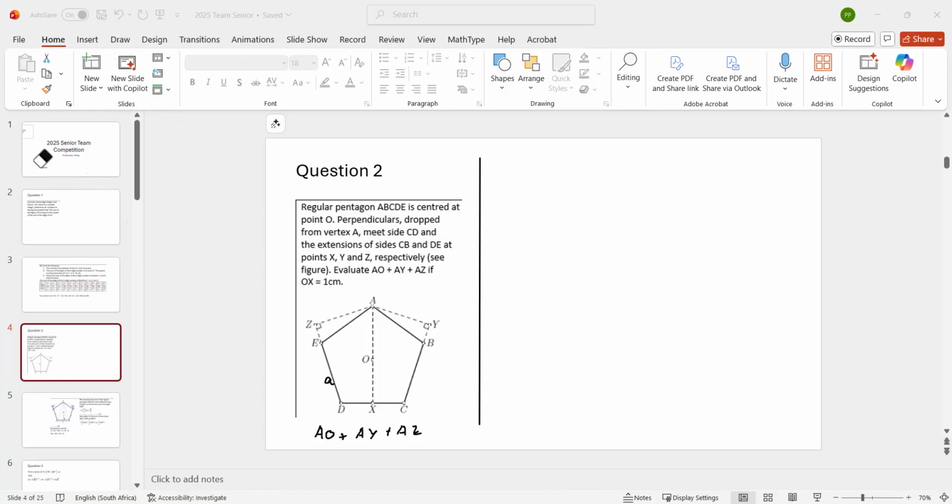The triangle that will have these heights is this one here, the one with base ED, it's perpendicular to ED, and with vertex A. This triangle has got that as a height. Likewise, this is the height of this triangle here.